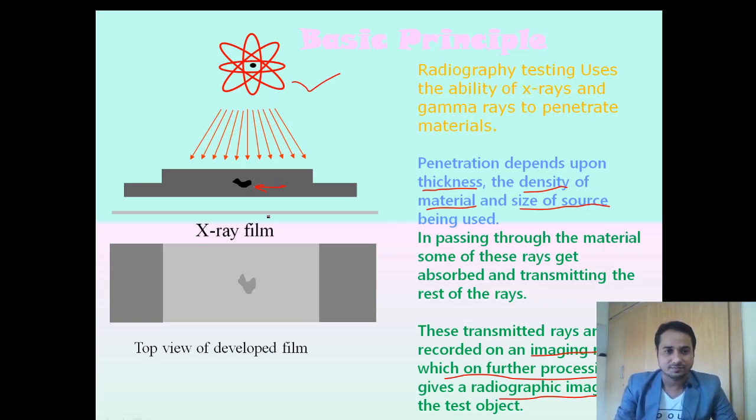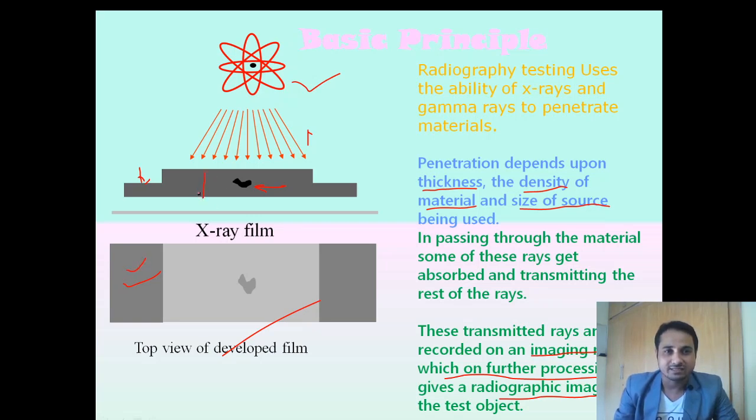After this, gamma rays will impinge on the film, and if we see here, this section having lesser thickness is darker, because lots of gamma ray will travel and impinge on this portion.